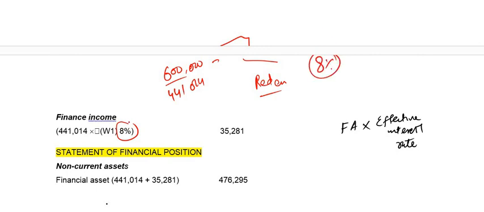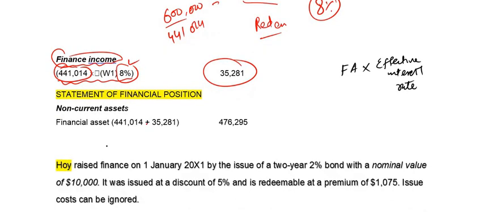So I will write here, and you see here this is finance income. This is not a financial liability, it's a financial asset, so it will be finance income for us. If you multiply this 8% with the purchase amount, then you will get this finance income. This will be your interest income. Now if you see here at the statement of financial position, your non-current asset, you see the financial asset, plus this amount, and you will have this amount.